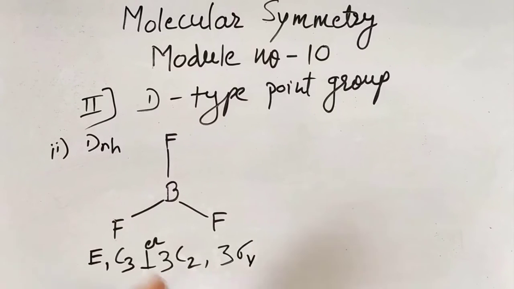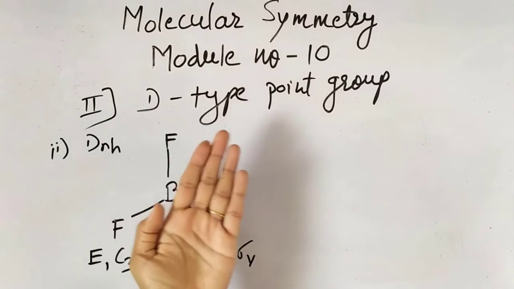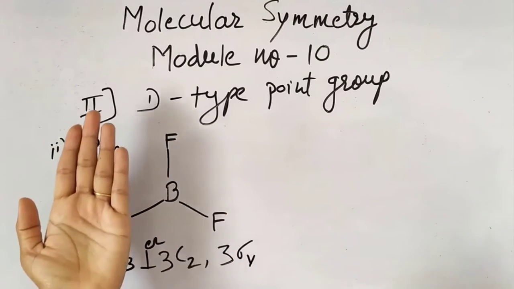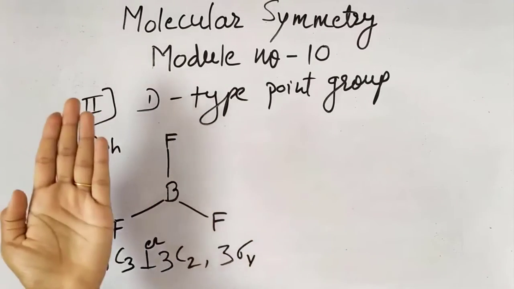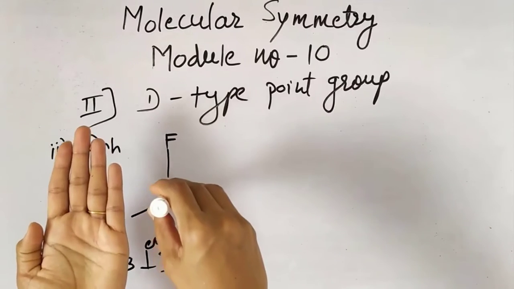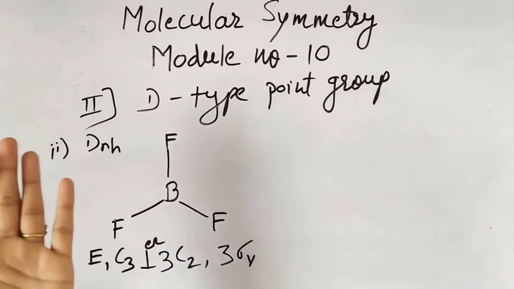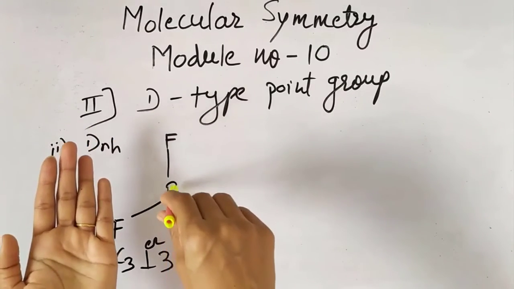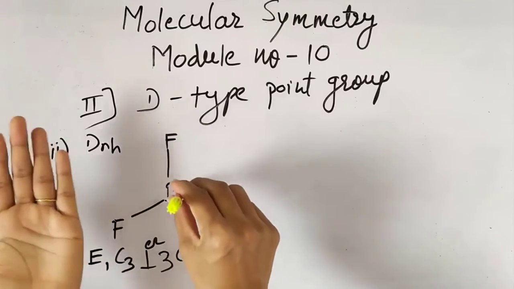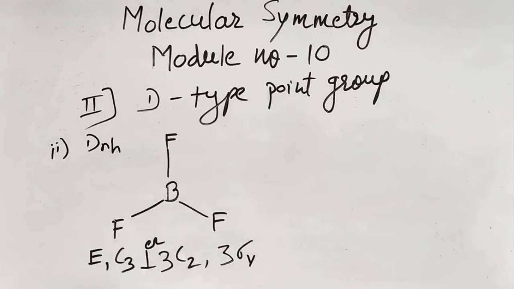And lastly, we have seen that it contains a molecular plane which cuts all the atoms present in the molecule equally and which is perpendicular to the principal axis. Remembering we have seen this principal axis and a plane which is perpendicular, hence there is one horizontal plane also.